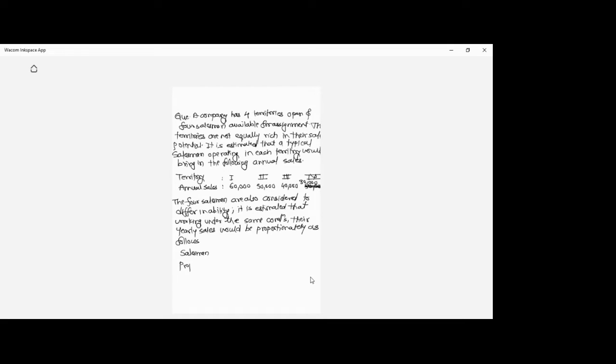So the salesman and the proportion has also been given: A, B, C, D, 7, 5, 5 and 4.